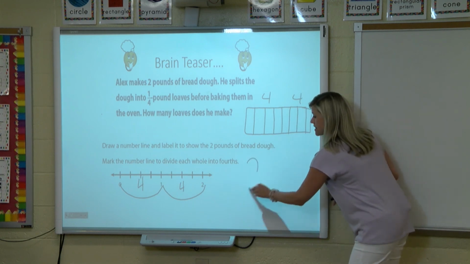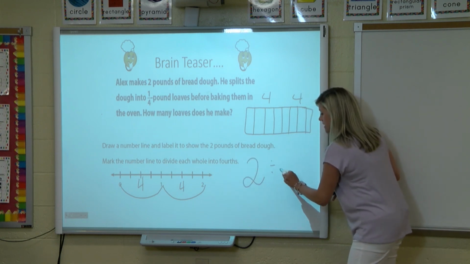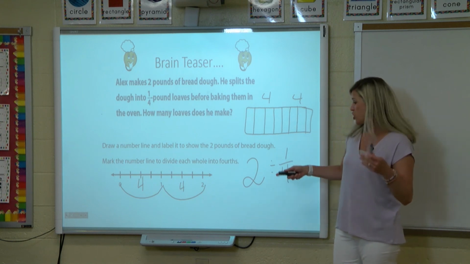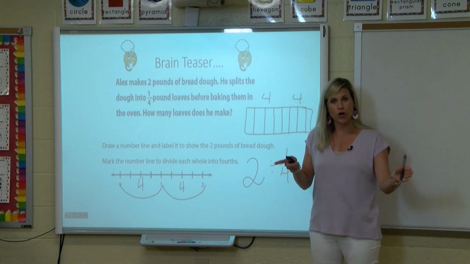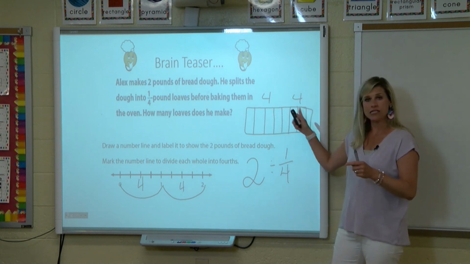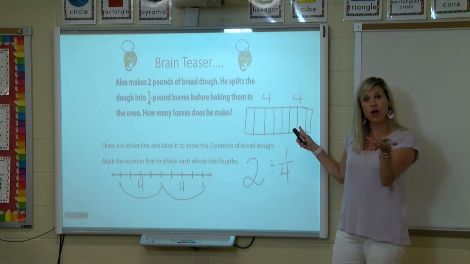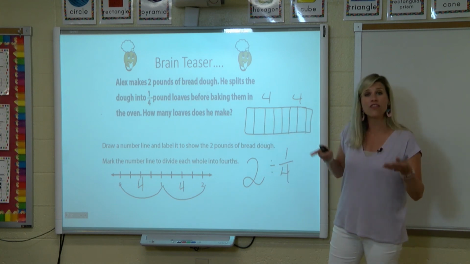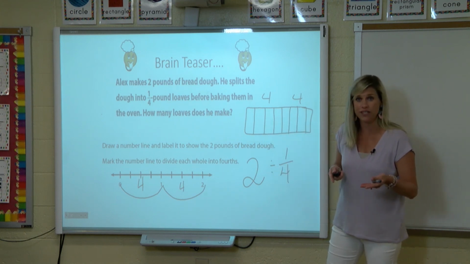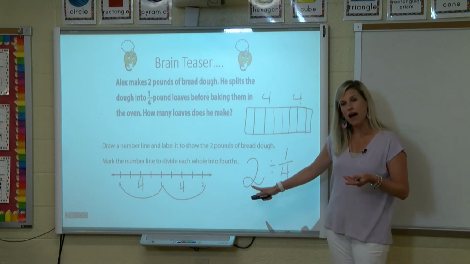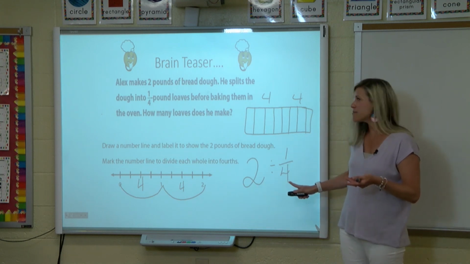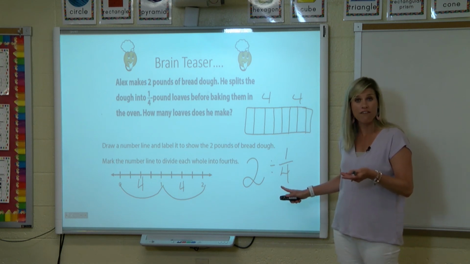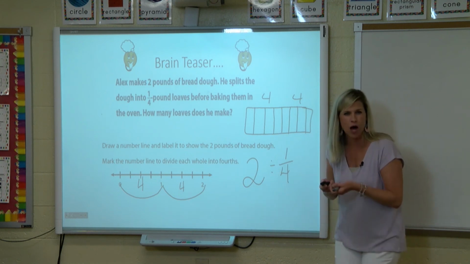And again, we can break that loaf up as well. So it looks like this, 2 loaves divided by 1/4. So they took those 2 loaves and they broke them into 4 sections each. The first loaf, 4 came out of it, and then the second loaf, another 4 also came out of it. So when we divide by fractions, sometimes it confuses folks because they automatically think if I'm dividing by a fraction, I'm going to get something smaller.